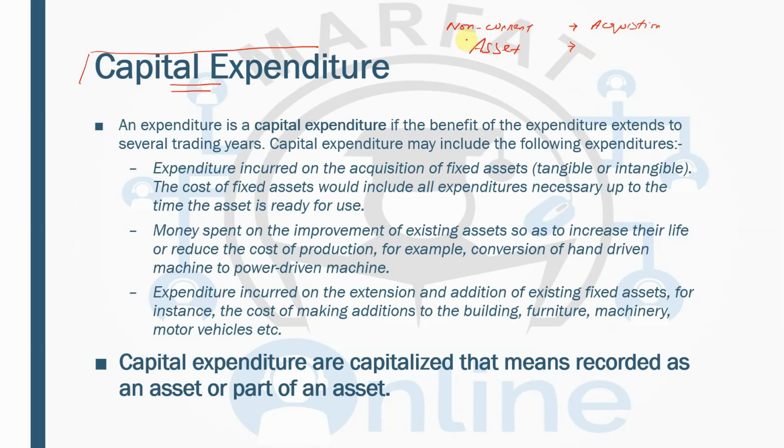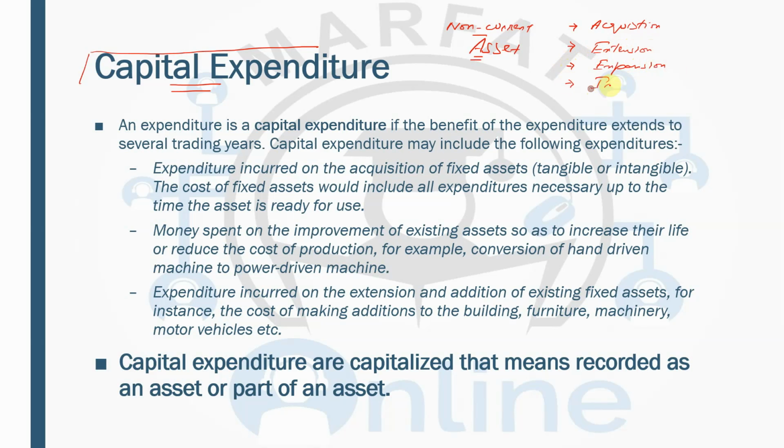So any expenditure on a non-current asset related to acquisition or extension, for example, you have a building and you are adding one more floor to it, this is extension. Similarly, expansion, such as you have a warehouse and now you are expanding it.